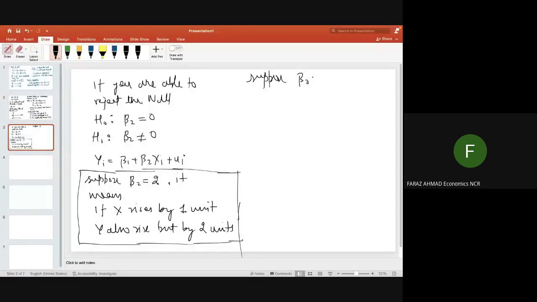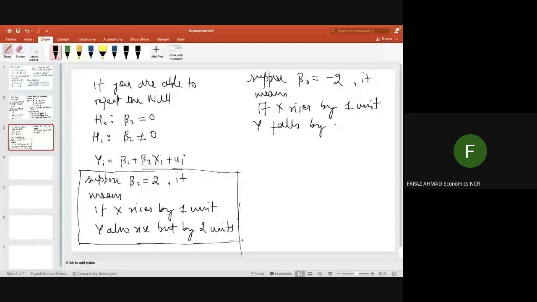Suppose beta 2 is equal to -2. It means if x rises by 1 unit, y falls by 2 units.